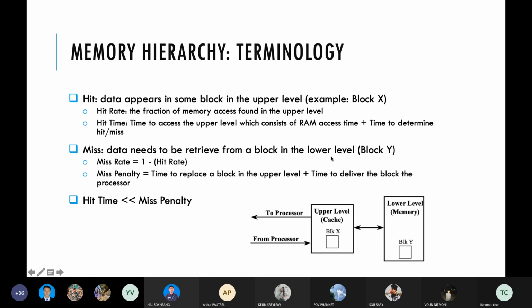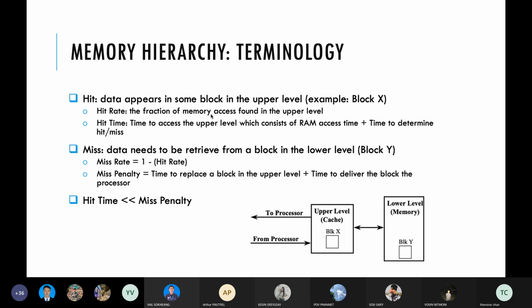Okay. So here are some keywords in this lesson that you will see very frequently in the future: hit, miss, and hit time. Hit here refers to when the data is found inside the memory. It can be in cache or it can be in RAM.